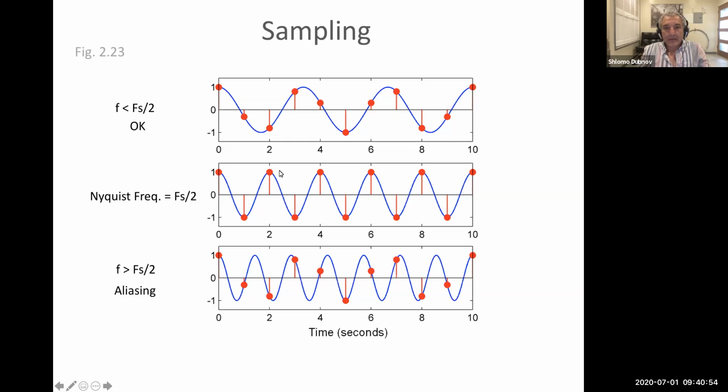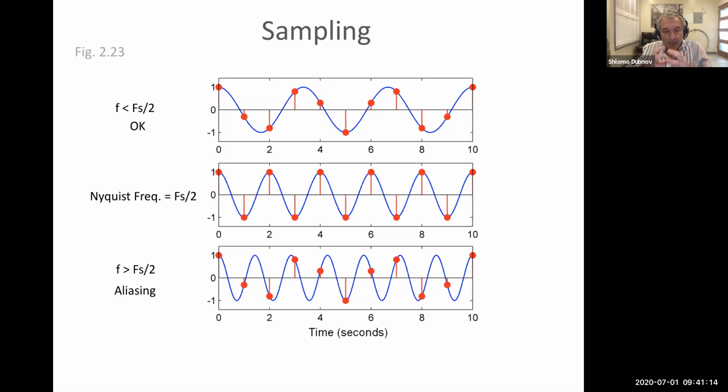So if you think about the distance between samples as the sampling frequency, the frequency of the blue wave is double, right? Because you have two samples per period. So what happens if you have frequencies that are higher than the Nyquist frequency?